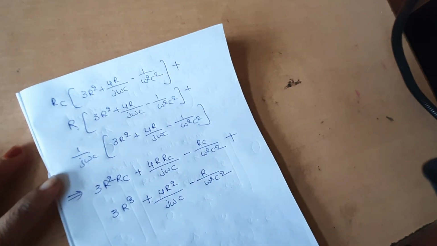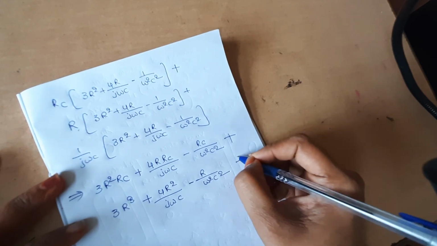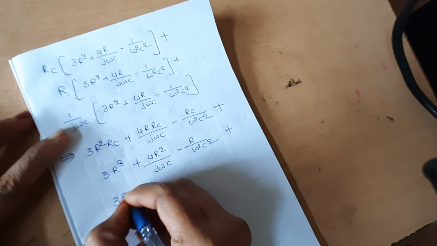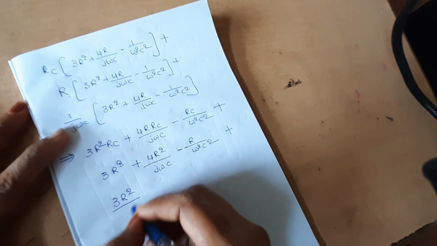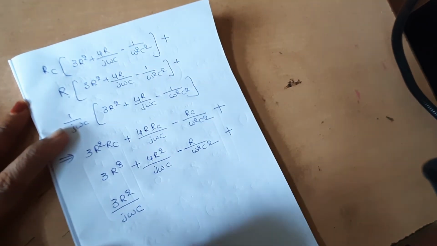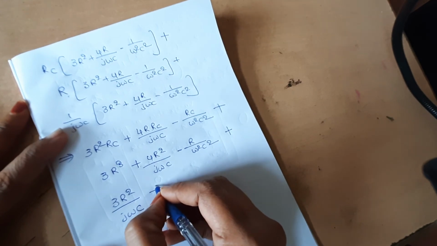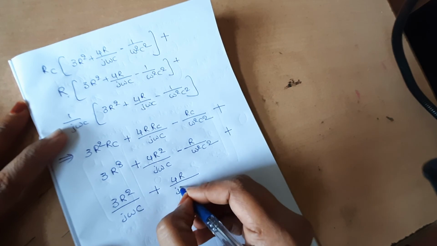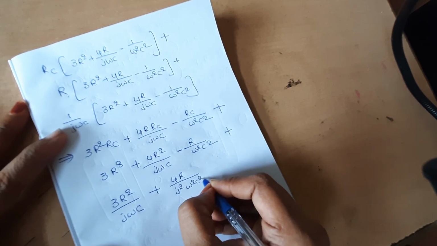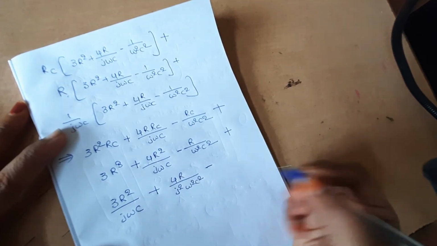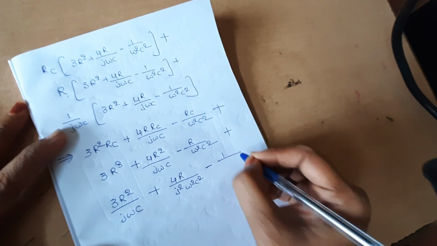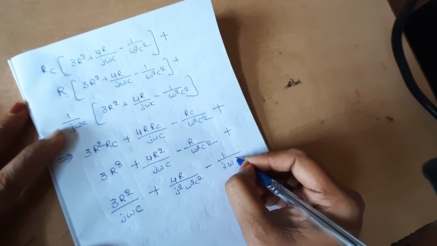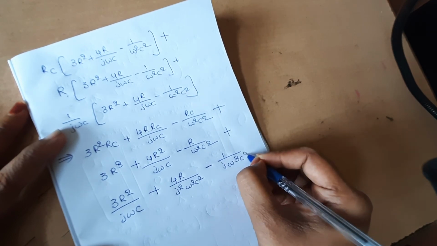Next, sorry, the third term: 3R square by j omega C plus 4R by j square omega square C square minus 1 by j omega cube C cube.